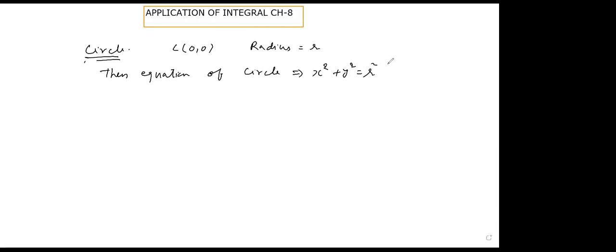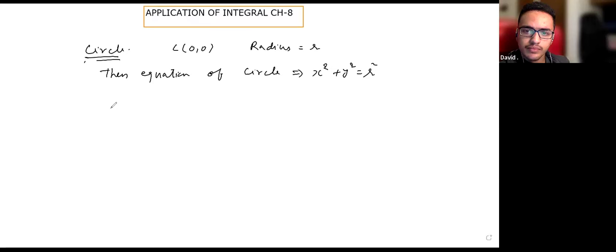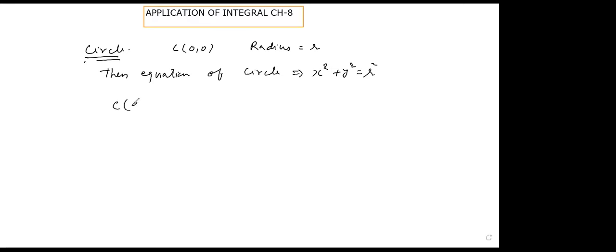And if the center is (h, k) and radius r, then we have (x minus h) whole square plus (y minus k) whole square equals r square.